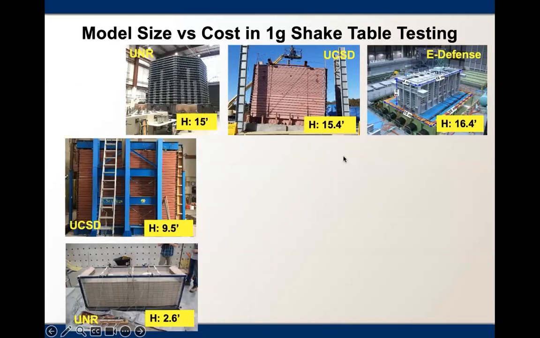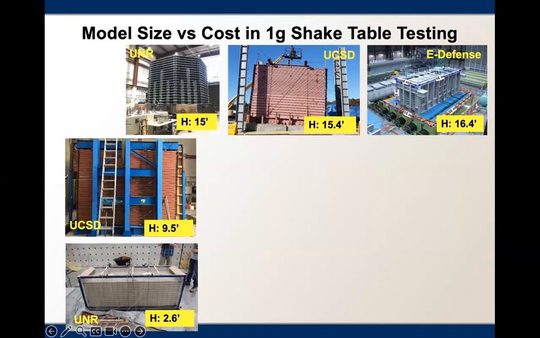This slide shows a wide range of different soil boxes used in 1G shaking table testing. From top right, the largest one is E-Defense in Japan, with a height exceeding 16 feet. The next one is a laminar box at UCSD, with a height of about 15 feet.